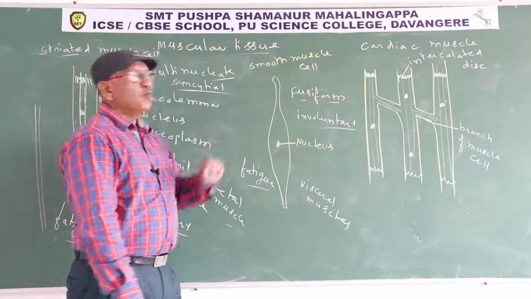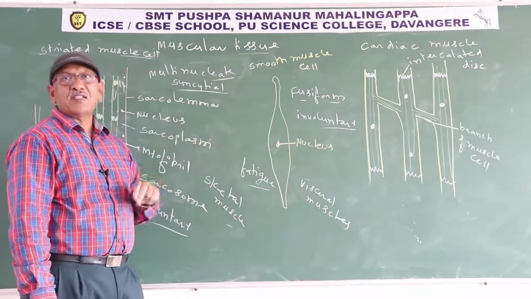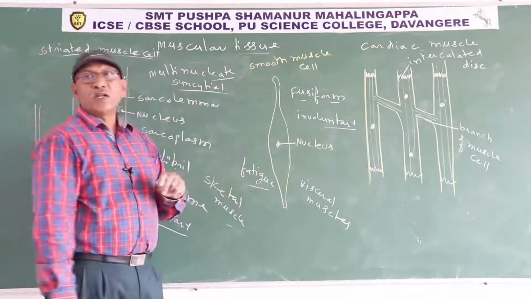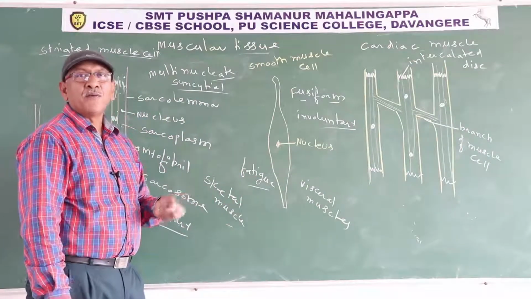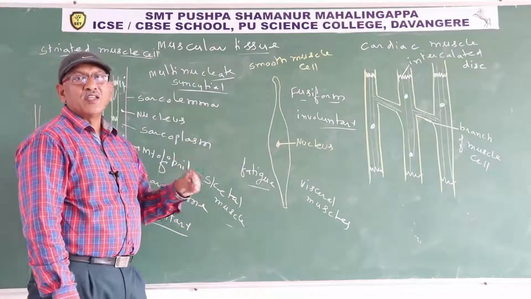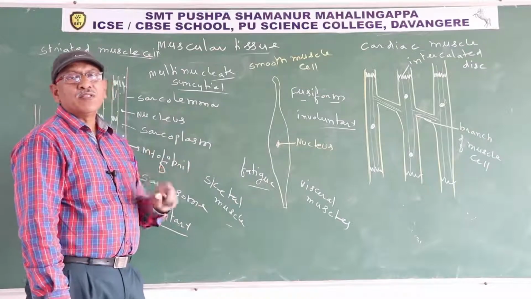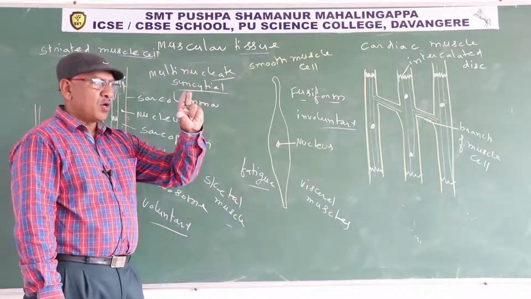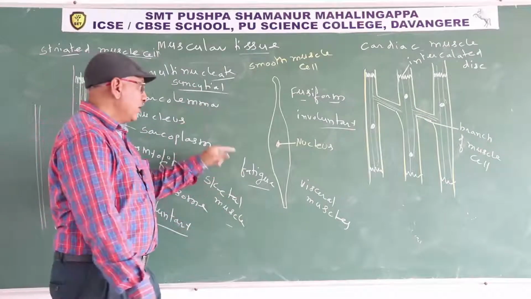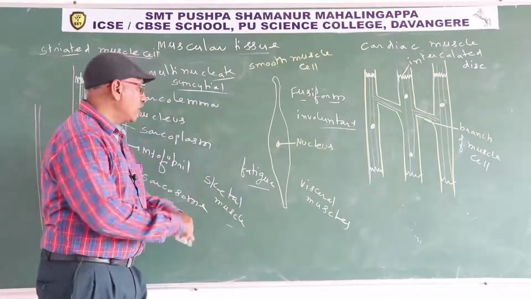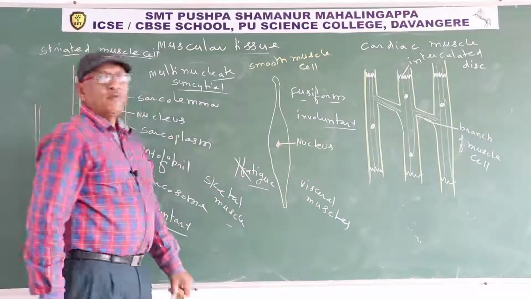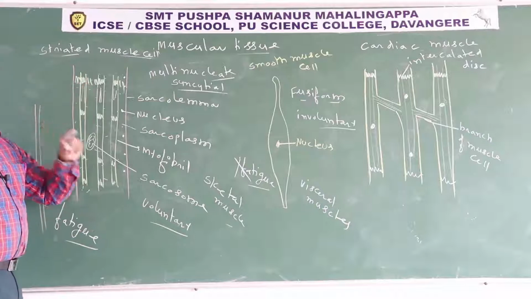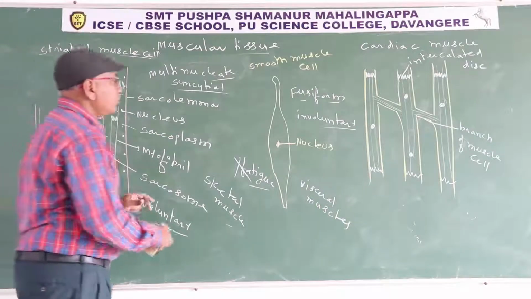Next point, smooth muscles are present in visceral organs. That's why smooth muscles are also known as visceral muscles. What are visceral organs? Organs present in the coelom. The smooth muscles undergo slow and prolonged contraction. That's why smooth muscles never undergo fatigue. Only one muscle undergoes fatigue, that is striated muscle.